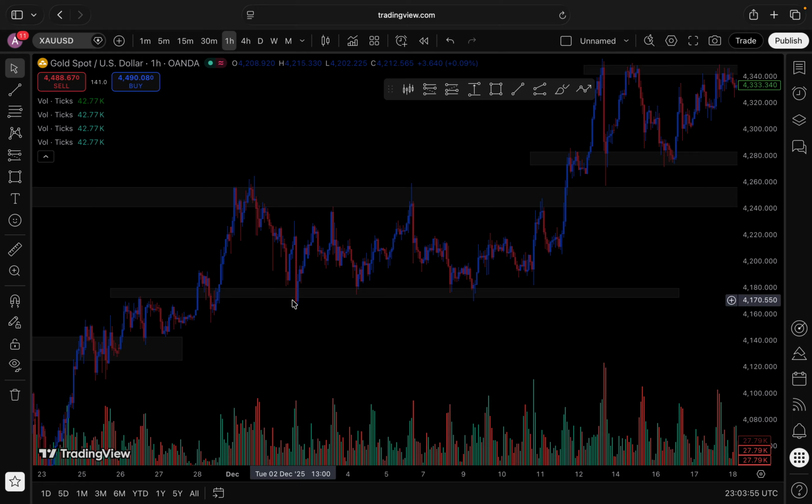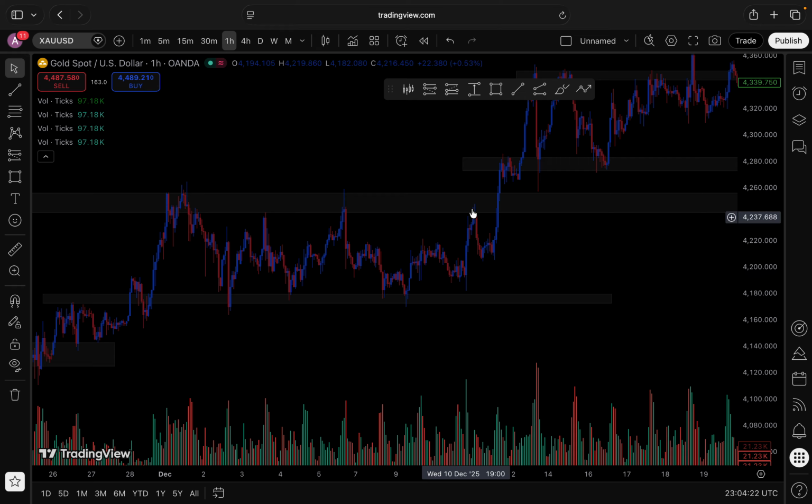Sellers are sitting here, buyers are sitting here. So consolidation zones are just buyers and sellers going back and forth, and you don't have a clue what price really wants to do. So this will be consolidation. You see price is bouncing off this zone, bouncing off this zone. It's not breaking any zones. It's just going back and forth until you start seeing it break this lower high, create a higher high and a higher low.